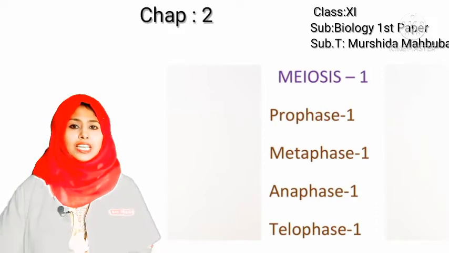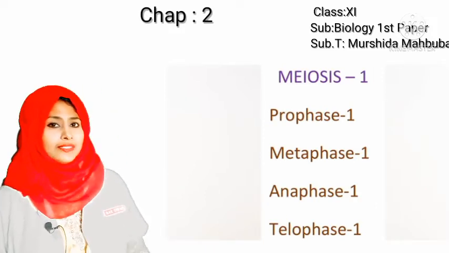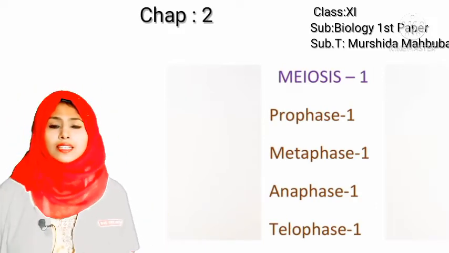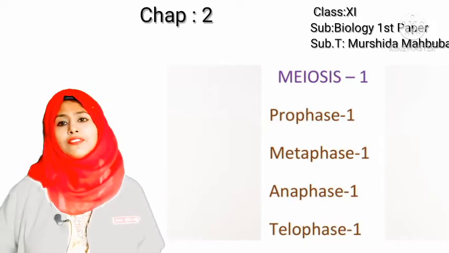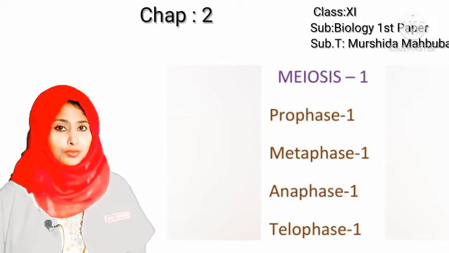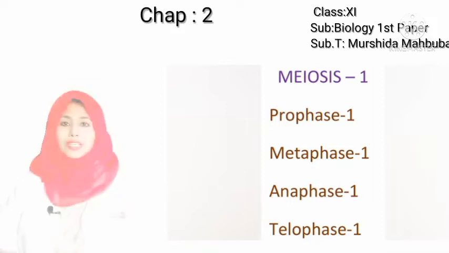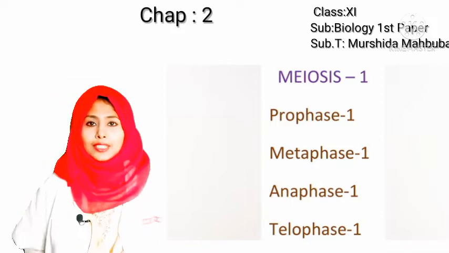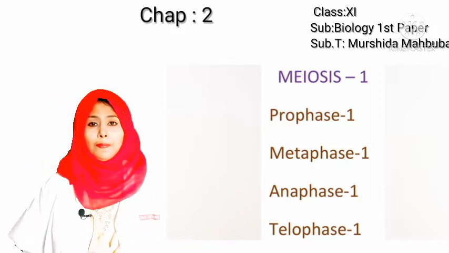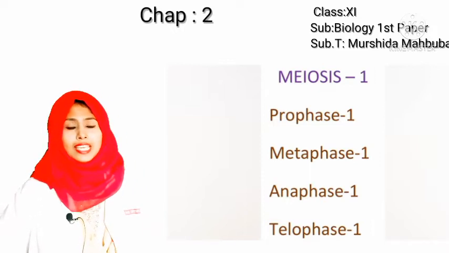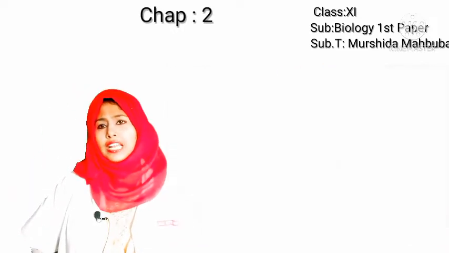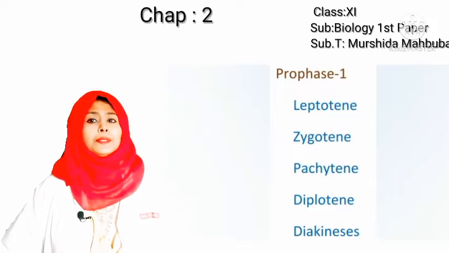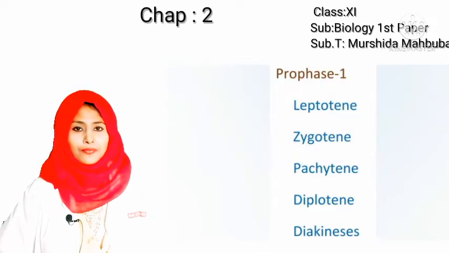Meiosis 1 includes 5 successive stages. Stages are prophase 1, metaphase 1, anaphase 1, telophase 1 and cytokinesis 1. Prophase 1 is a complex stage taking up almost 90% of the meiosis division.